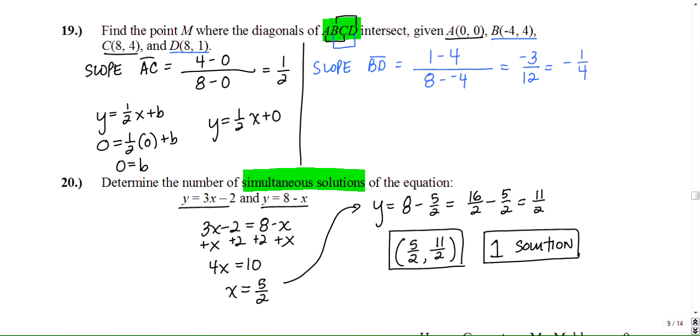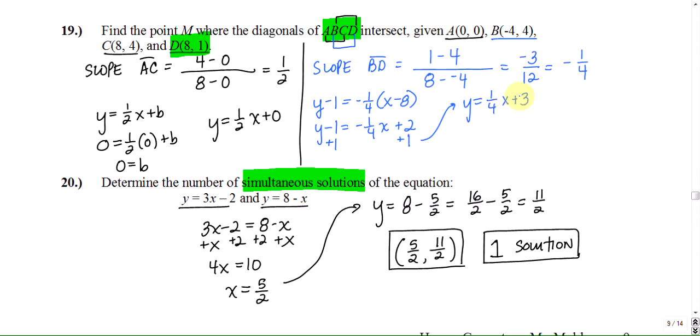Then I'm going to pick a point to plug in, and I'm going to use D. And one of the ways to write an equation in y equals mx plus b form is actually to use point slope form. So you could write your equation of your line in point slope form. And maybe you've already started doing this because you're a fan of point slope. And then you can change this into slope intercept by undoing the parentheses, carefully moving the 1 over, like so.